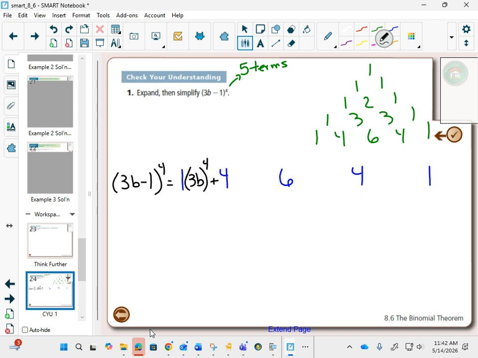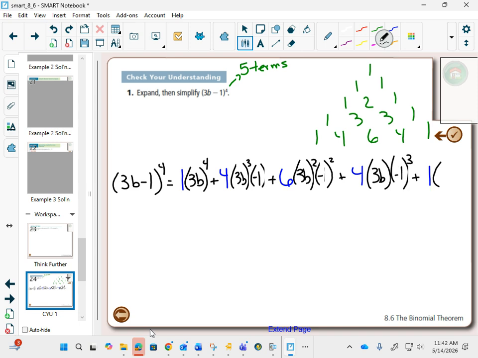The next one's going to have 3b cubed and then negative 1 once, plus. Then the 3b will be squared and the negative 1 will be squared, plus. 3b just once and the negative 1 cubed, then plus, and the last one, the negative 1 4 times.